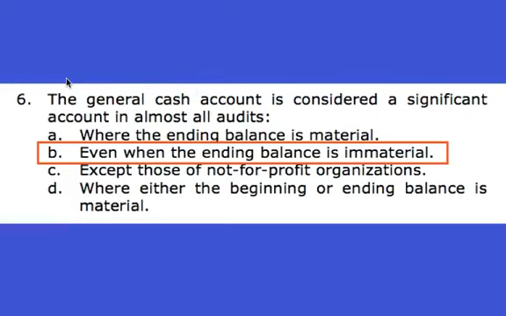Either may inflow or outflow of cash. Kaya kahit immaterial yung ending, baka significant yung transactions during the period. Kaya yung general cash account na yan, significant yan, regardless of the ending balance. So, number 6, bravo.